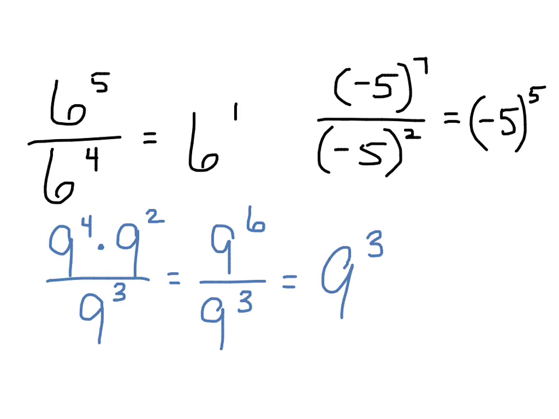What do you guys think so far? Not too bad? Okay. 1 times y to the 3rd over y squared. Anybody know what 1 times anything is? The number. Right.